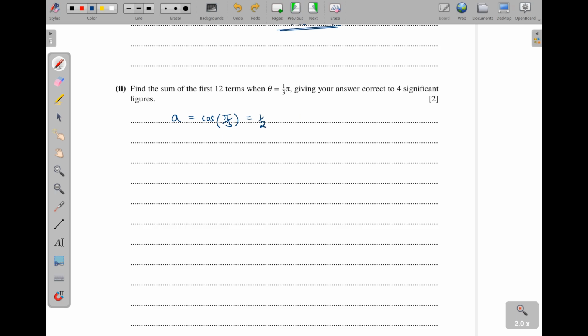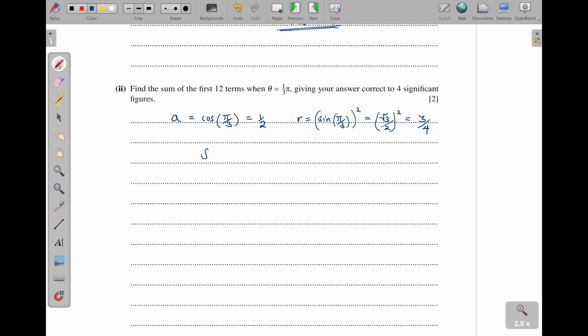And then R is sine squared of theta. So I will have sine of pi over 3. Then after that, I square it. Now this is root 3 over 2. When I square it, it is going to give me 3 over 4.